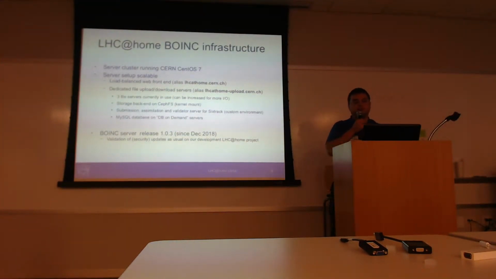The LHC@home BOINC infrastructure is made of a server cluster running CERN CentOS 7, a scalable server setup with a load-balanced web frontend, a dedicated file upload-download server, alias lhcathome-upload.cern.ch, which is made of 3 file servers currently in use, a storage backend on CephFS, a submission, assimilation and validation server for SixTrack, and a MySQL database on DB on Demand servers. We currently run a BOINC server release 1.0.3, and the validation updates, as usual, go on our development LHC@home project.